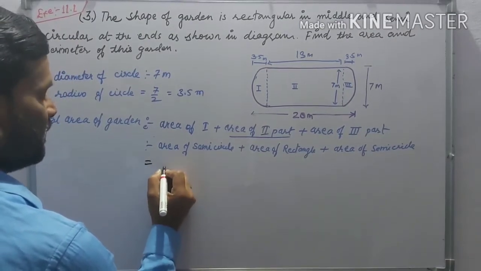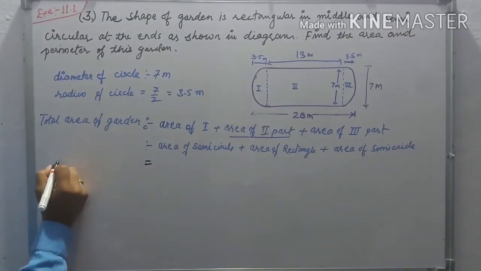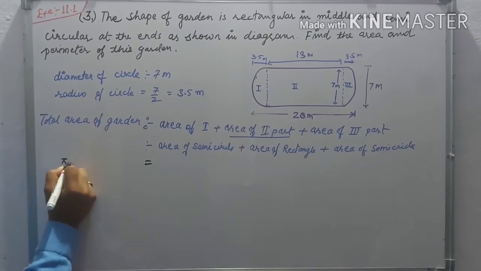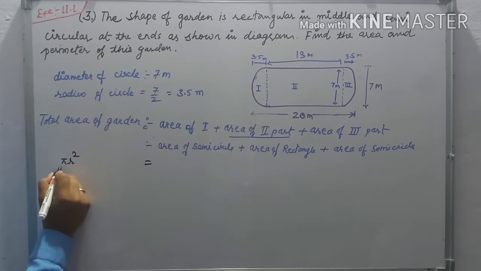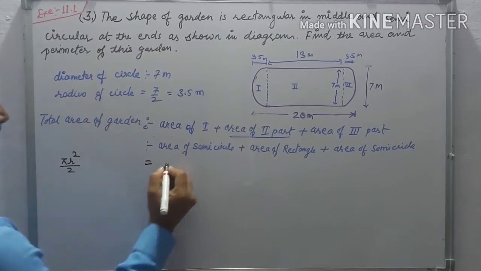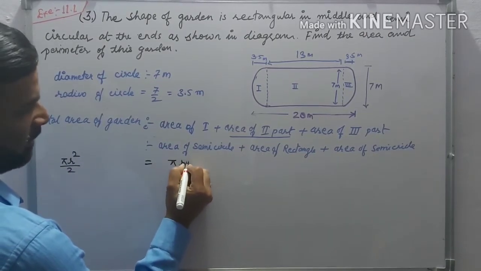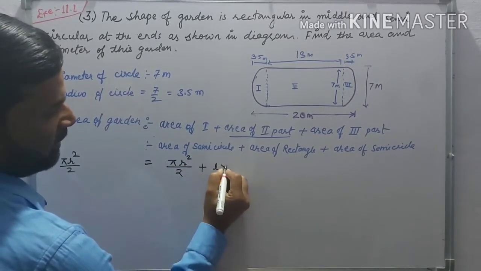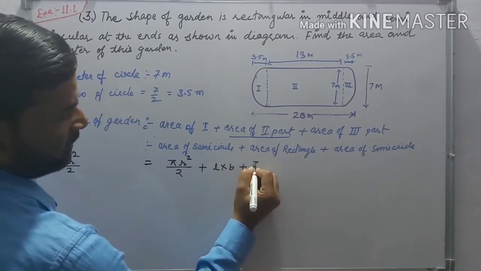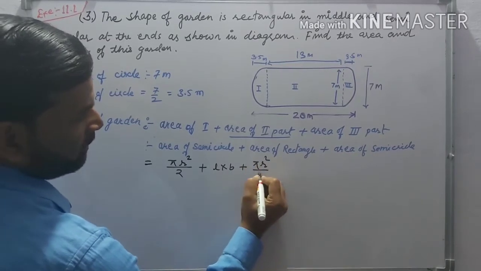Okay, so now write: the area of a circle is pi r square. A semicircle is half, so you write pi r square upon 2 plus L into B plus pi r square upon 2.